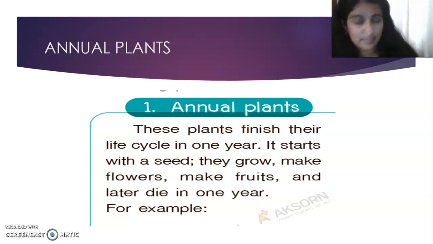Annual plants are the plants which finish their life cycle in 1 year. Let's see some examples.